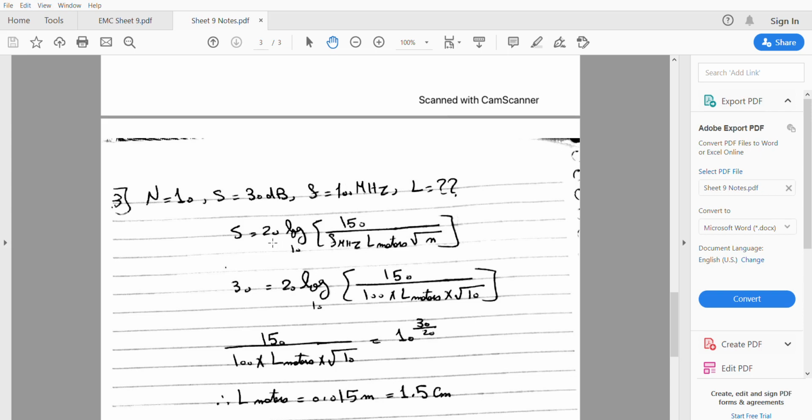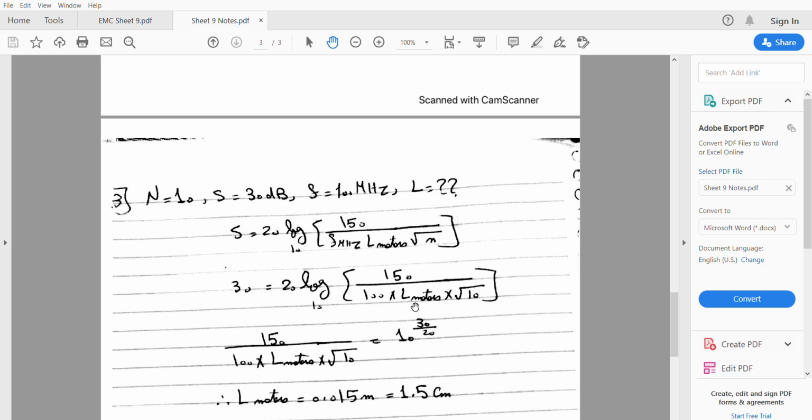So the rule of shield effectiveness is equal to 20 log 10 of 150 over frequency in megahertz, multiplying by length in meters, multiplying by the square root of the number of holes. So by substituting the shield effectiveness here equal to 30, and f is given in megahertz, so we put it here. We need to get the value of the length, and the number N is given by 10.